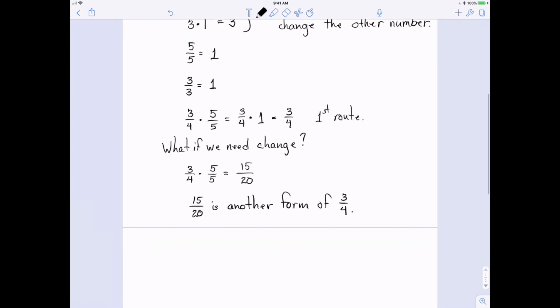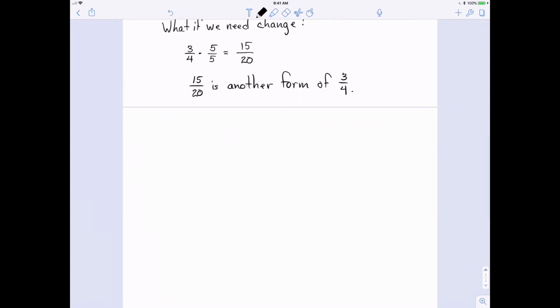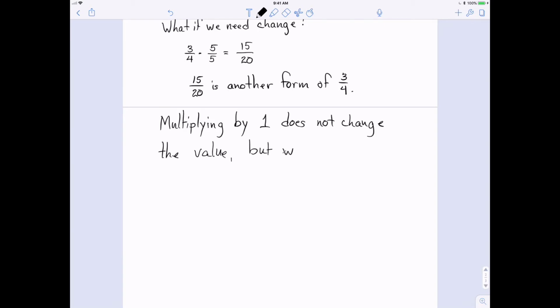Let me make a note of what we just did. Here's our summary: multiplying by 1 does not change the value, but with fractions, it can change the appearance.